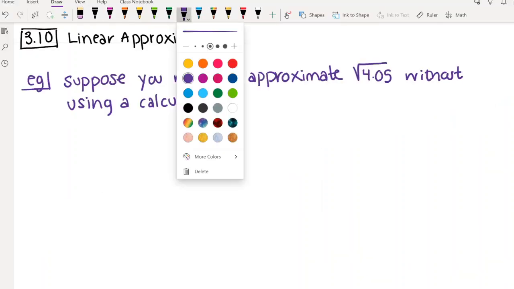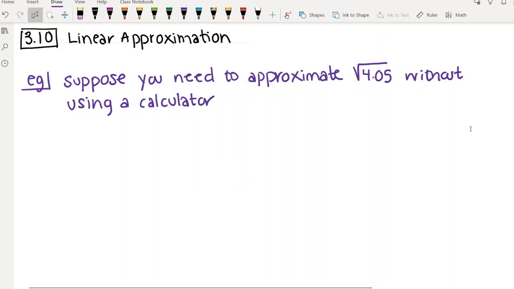So I want to summarize that, and then we'll find the tangent line and see how this actually works.